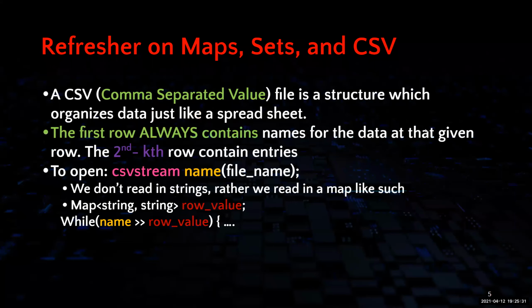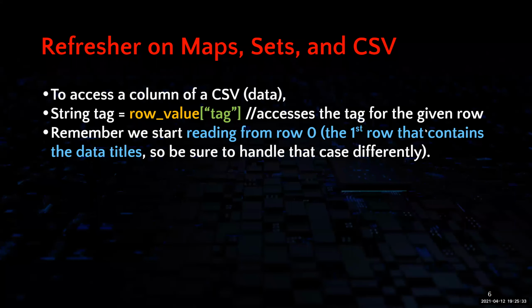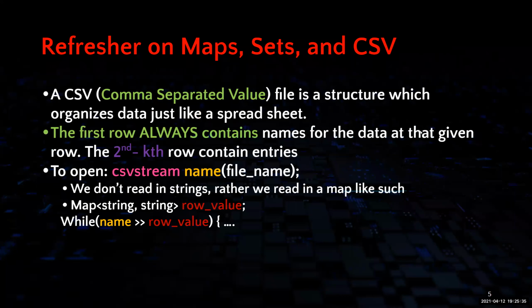Oh, so this one while loop would include all the possible content and tags from the file into row value? Yeah, so one iteration is equal to one row, exactly. So we're not reading in the file all in one loop. We're reading it in iteration by iteration.